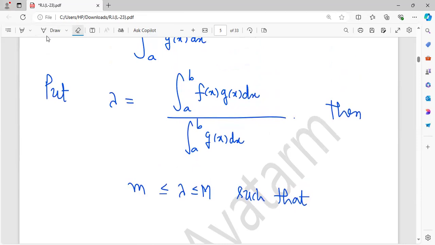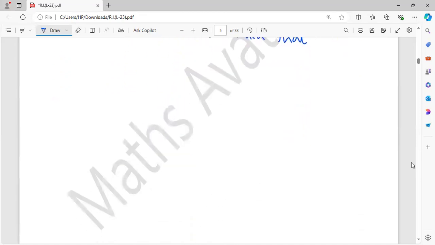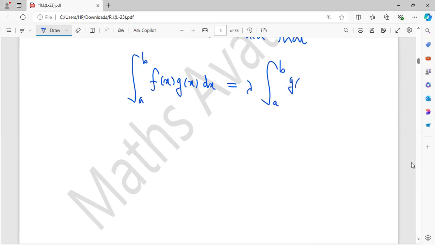Then what we will get? We get the integral from a to b of f(x) g(x) dx is equal to lambda times the integral from a to b of g(x) dx.